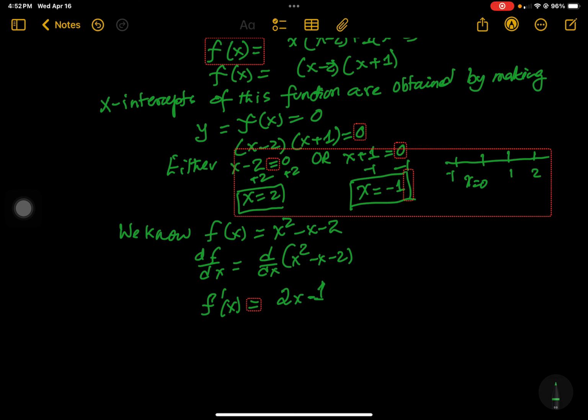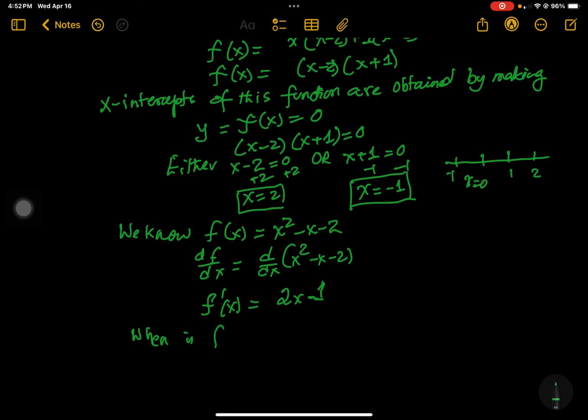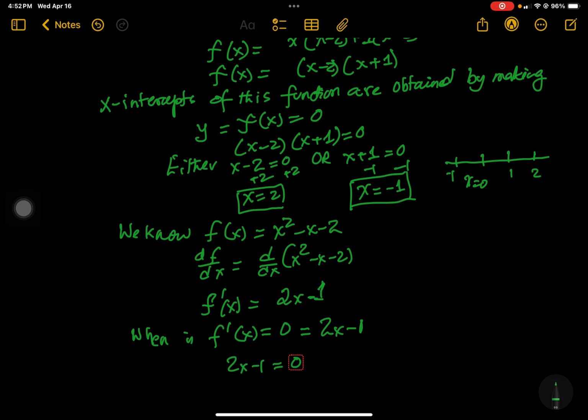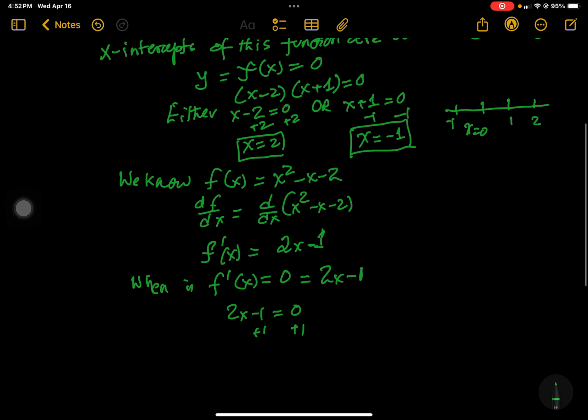The question is, when is f prime x equal to 0? That is when 2x minus 1 is also equal to 0, because that's the derivative of f of x. So 2x minus 1 has to be equal to 0 when f prime x is equal to 0, or the first derivative of the function with respect to x is 0. Then we will solve for x: we add 1 on both sides, so we get 2x is equal to 1.